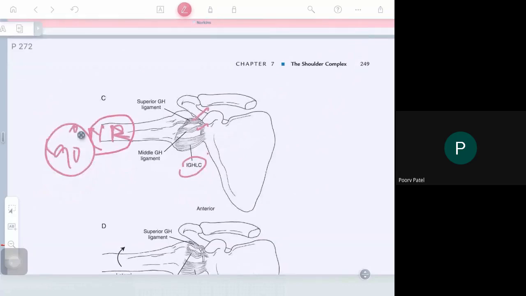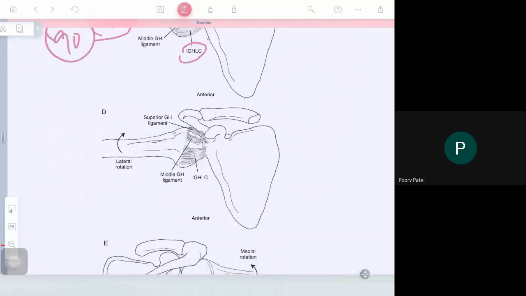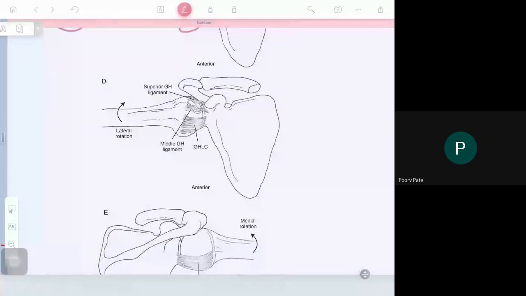Now, coming to the fourth diagram, it is 90 degree abduction. Clear? And you see here it is laterally rotated. You know what this ligament is? Anterior ligament or inferior or posterior ligament of the complex?